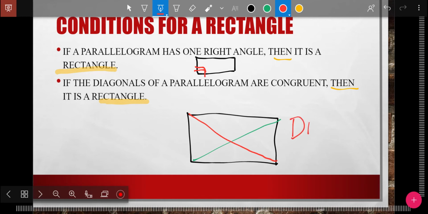If the diagonals are congruent, then we know that it is for sure a rectangle. And so we're going to have to be able to identify, based on some rule, what the shape is.